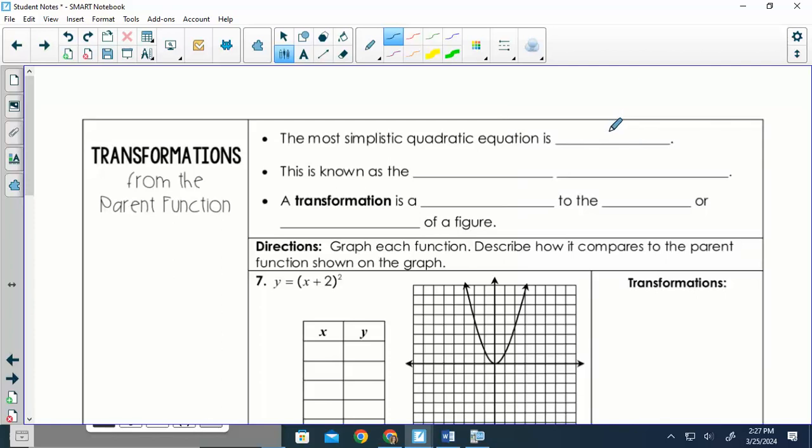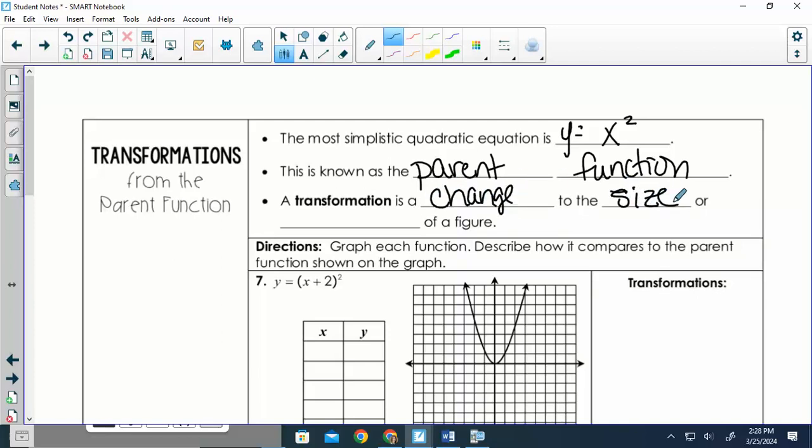The easiest quadratic equation is just your basic y equals x squared, and that is sometimes called the parent function. Transformations are ways that a graph can change. It's a change to the size or position of a figure.